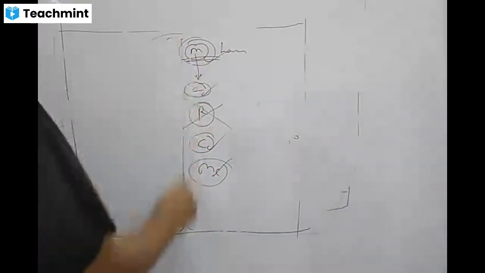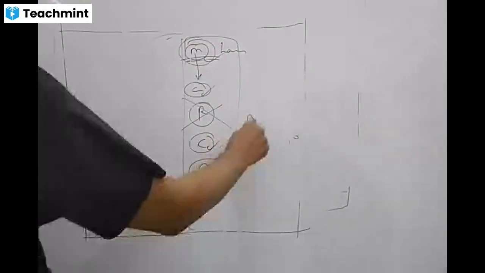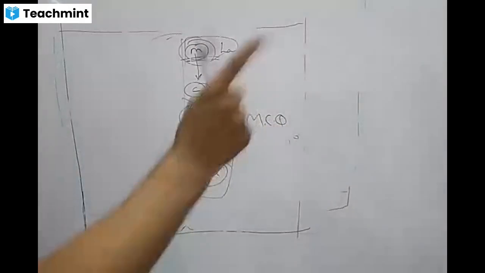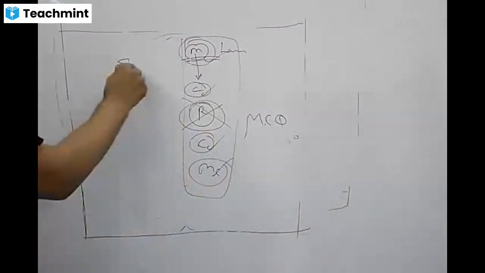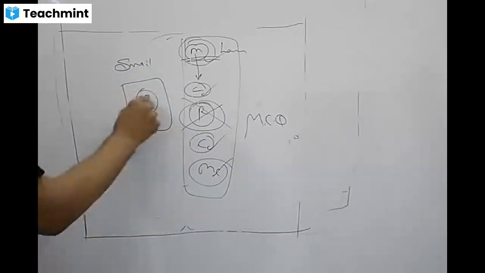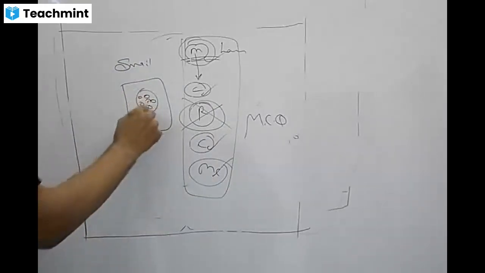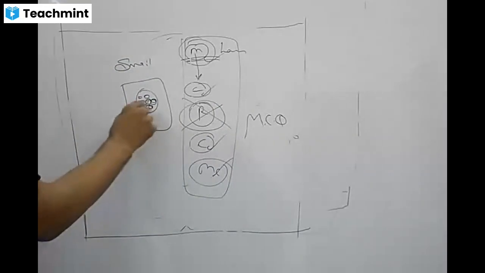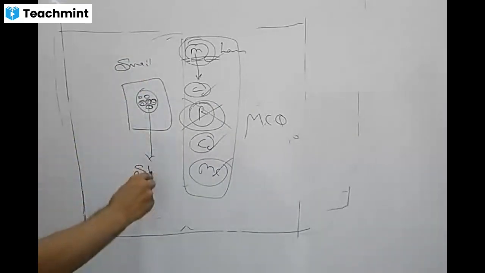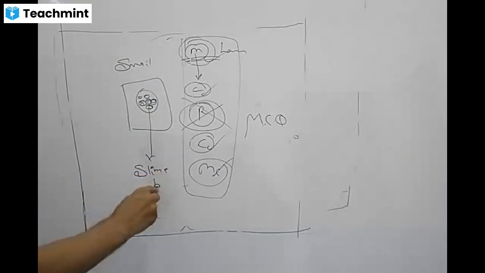So this is your MCQ: which larval stage is absent in dendriticum? The second MCQ is about the snail. In 2020, one competitive exam asked, from the body of the snail, what comes out? Slime balls.